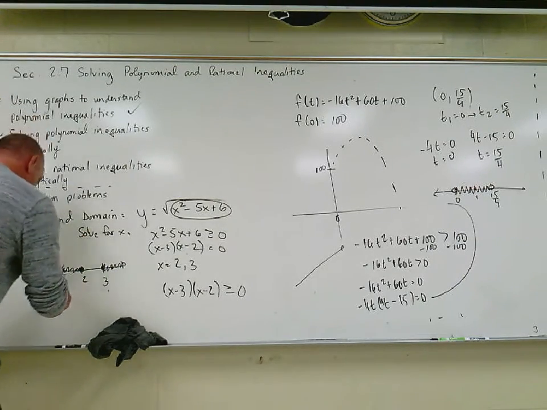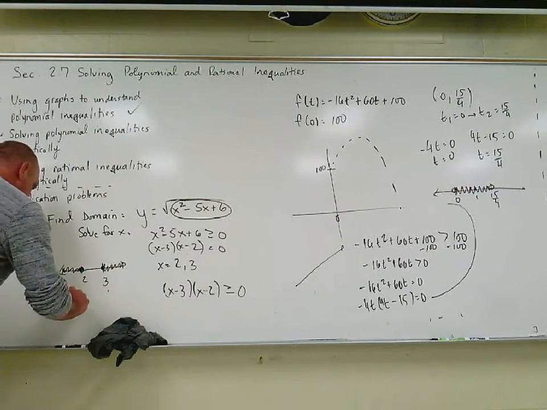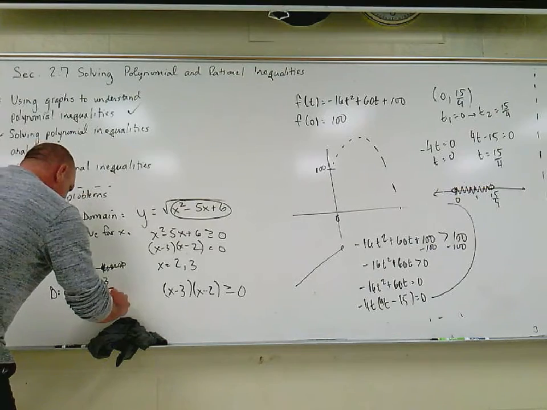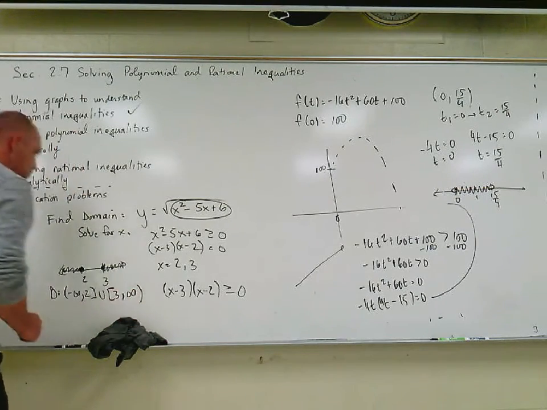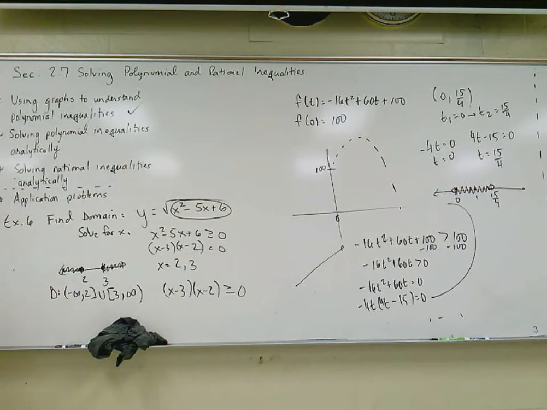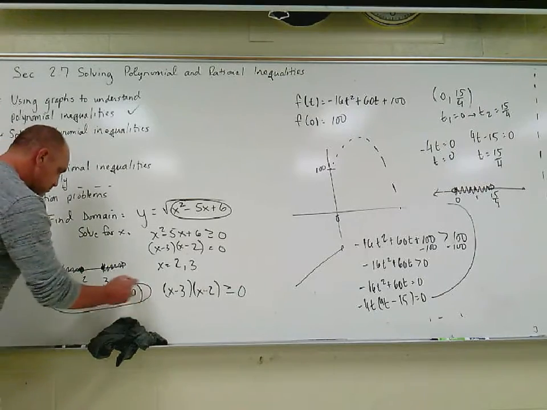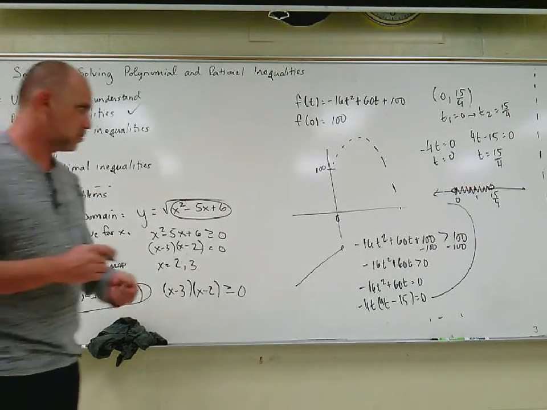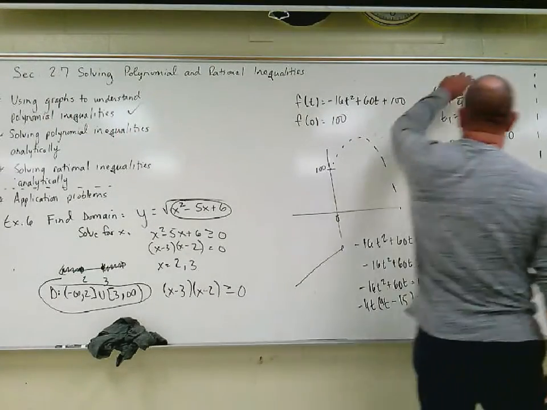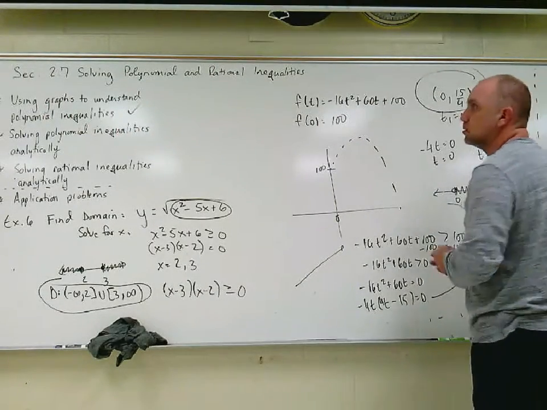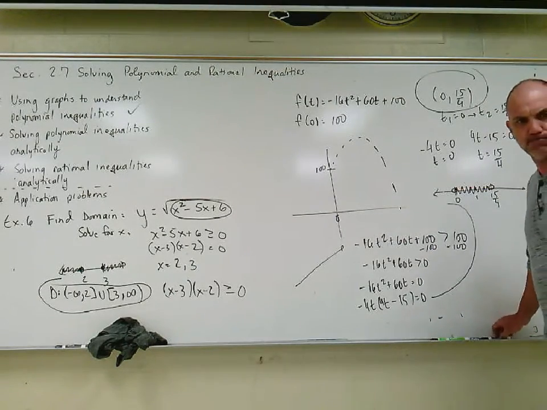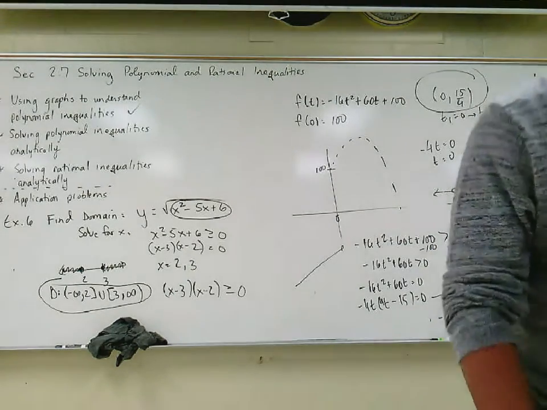So your domain is negative infinity to 2, bracket, union, 3 to infinity. That's right. All right, that's the lesson.